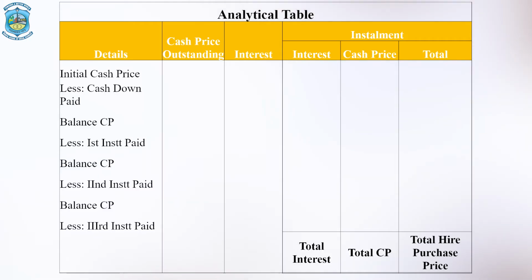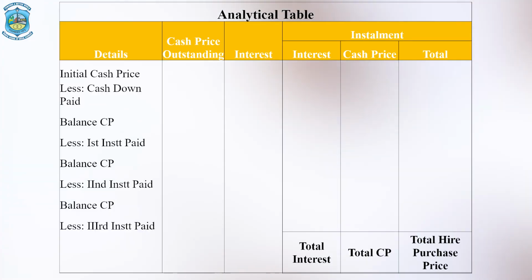Why? Because the interest is always calculated on the cash price outstanding. I hope you remember I told you the cash price is nothing but the cost price and the profit. That is cost price for the purchaser plus the profit amount. So, interest is always calculated on this cash price outstanding, the unpaid amount of cash price.